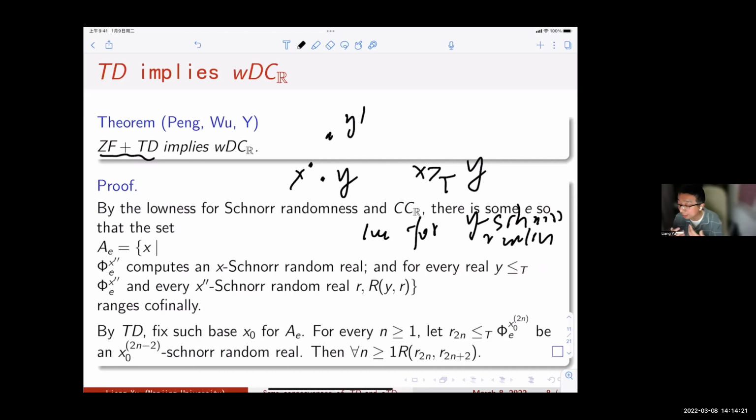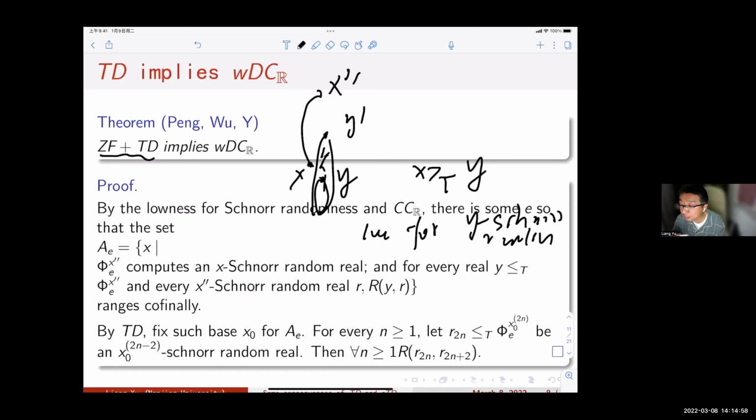So given any y, let's find a real x, low for y-Schnorr random, such that the double jump of x computes y jump, and such that every x-double-jump Schnorr random real has a relation with y.